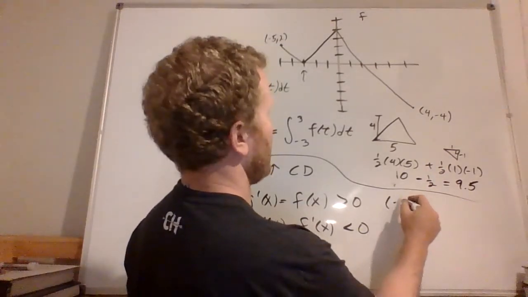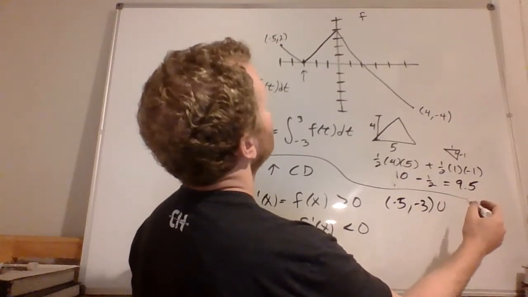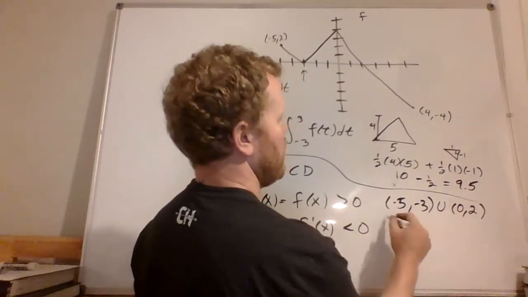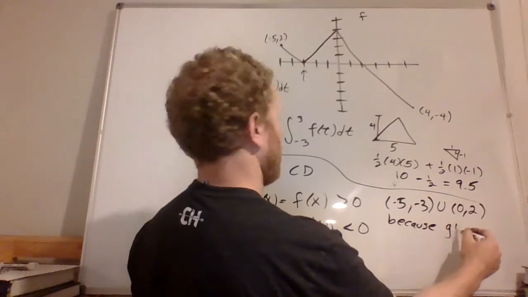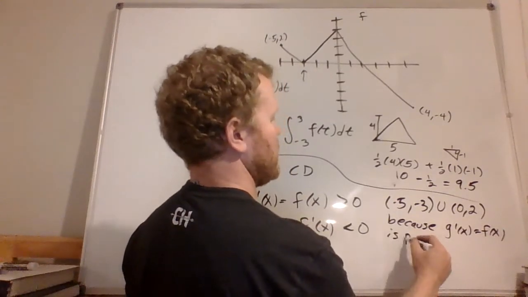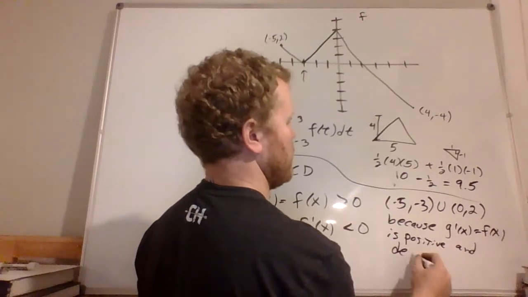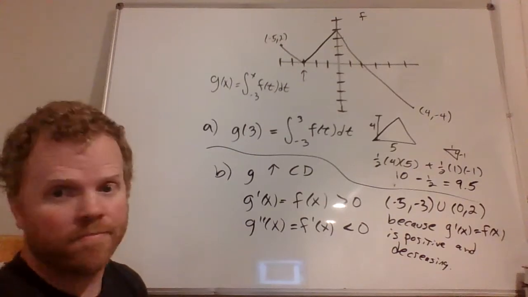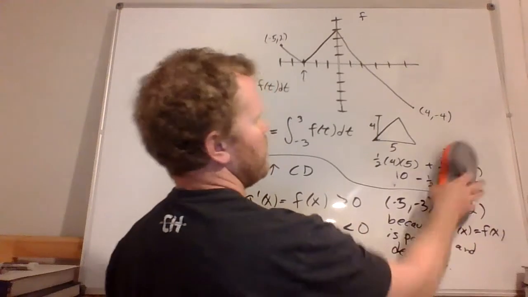So we're talking from -5 to -3, and also from 0 to 2, because g prime of x, aka f of x, is positive and decreasing. Done. That's it. That's the whole thing. On to part C, which is a little funny and weirder.